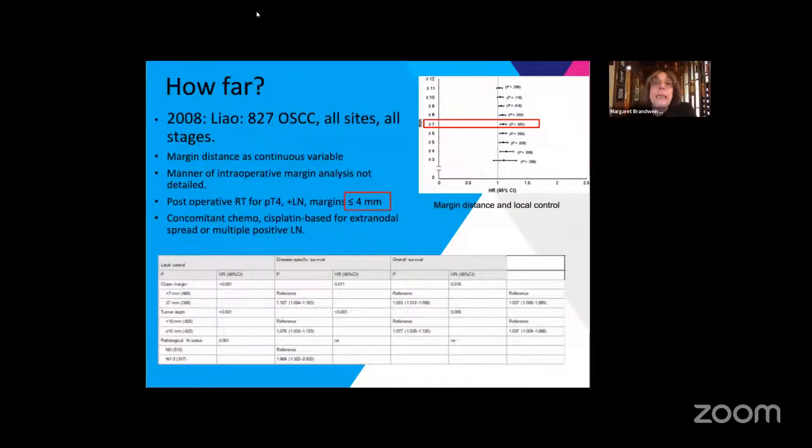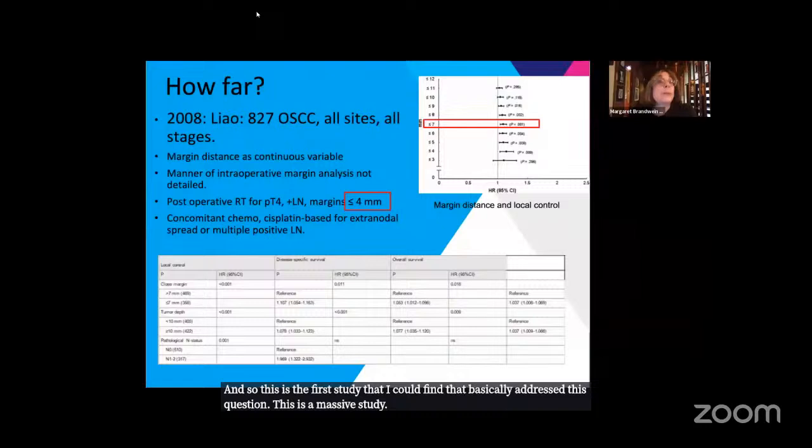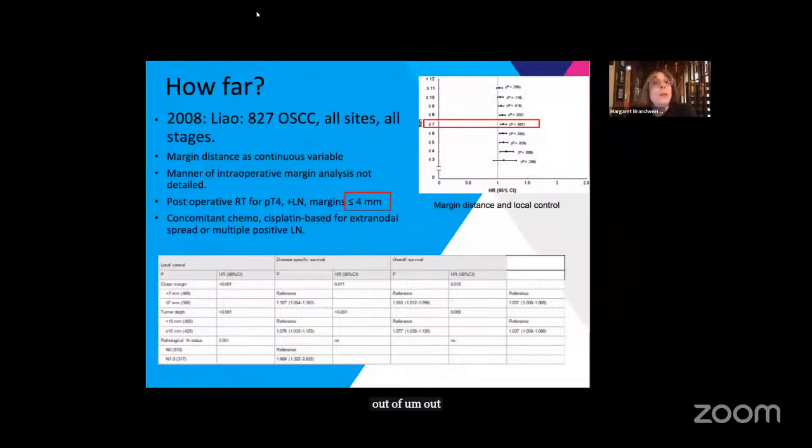There's been of late a movement to look at, well, what is the optimal margin distance? And so this is the first study that I could find that basically addressed this question. This is a massive study out of China with over 800 patients with oral squamous carcinoma.